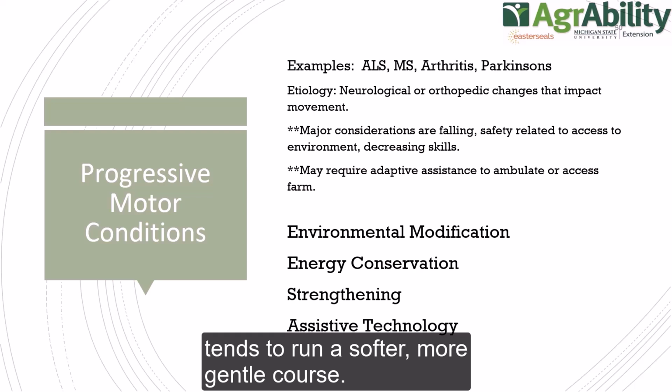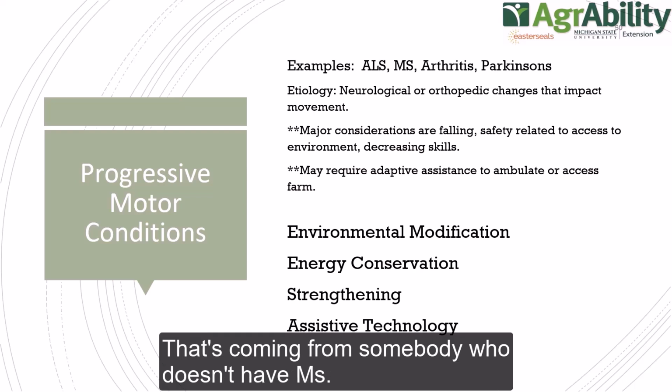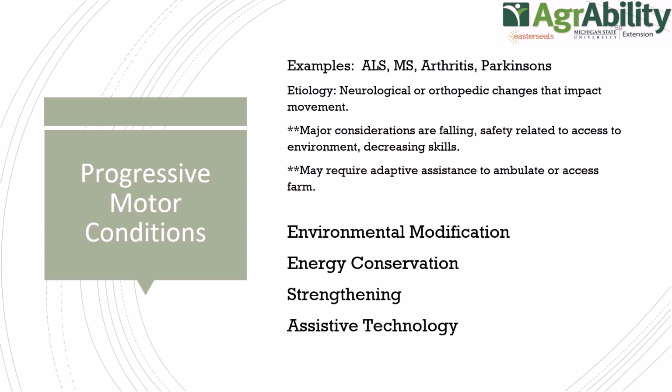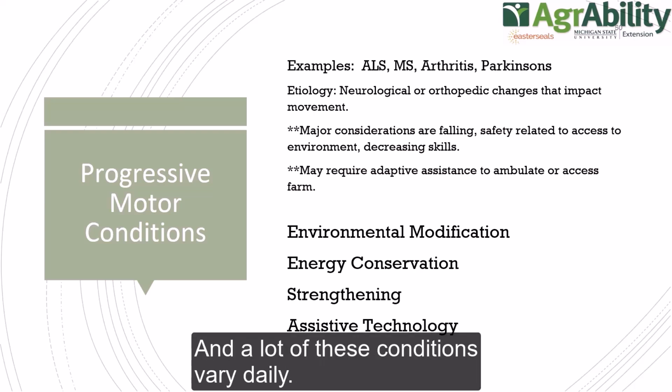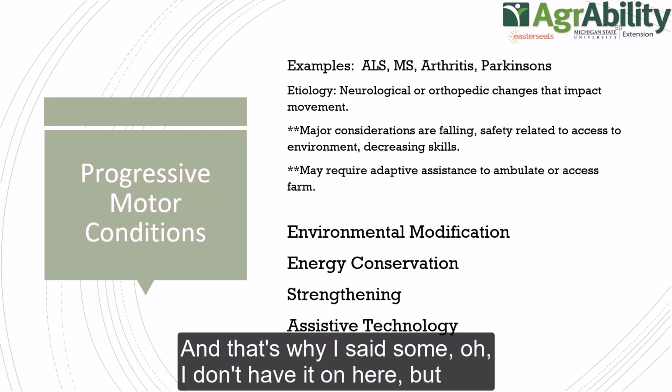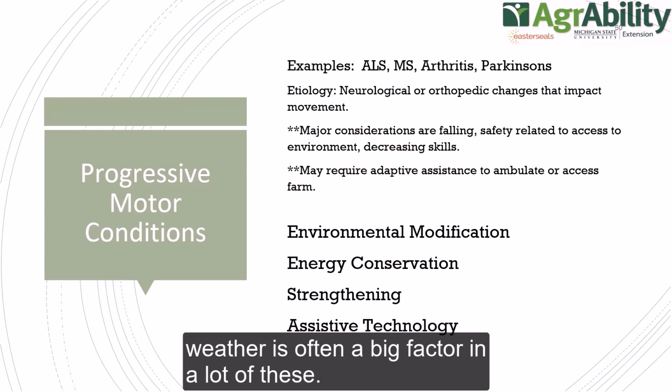MS tends to run a softer, more gentle course. That's coming from somebody who doesn't have MS. They would probably argue with me, and I wouldn't let them win every time. But it does progress a little bit slowly, and a lot of these conditions vary daily. They vary based on weather. I don't have it on here, but weather is often a big factor in a lot of these.